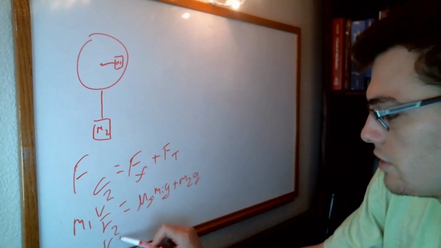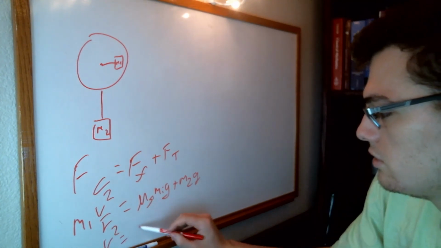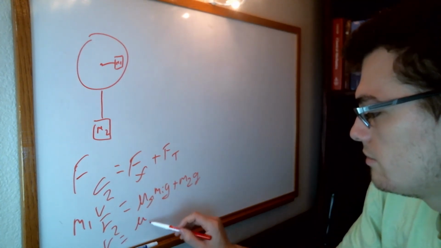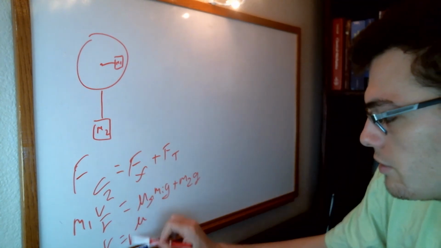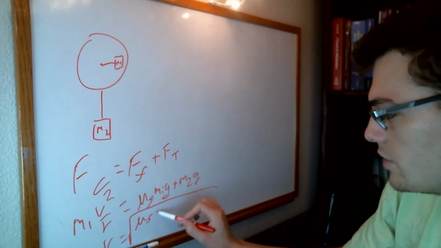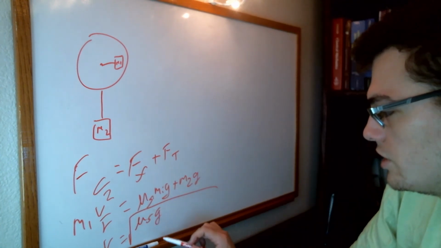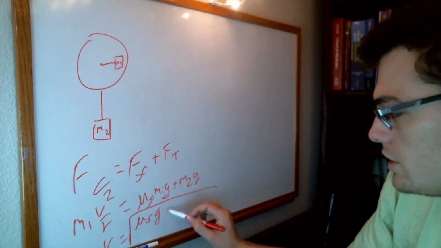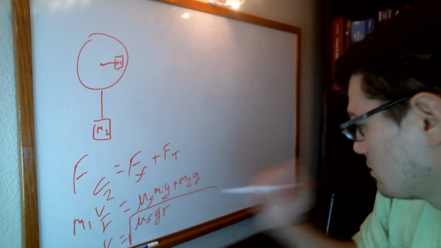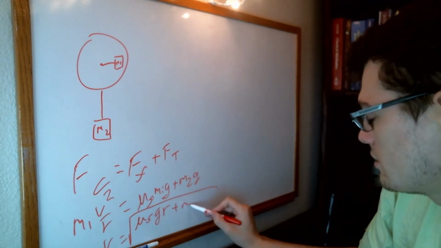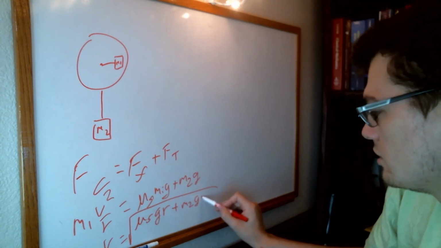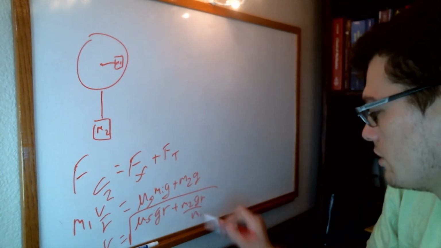So then v squared is going to equal, or we're just going to do the square root all at once. So then we're going to have mu s g times r plus m2 g r over m1.